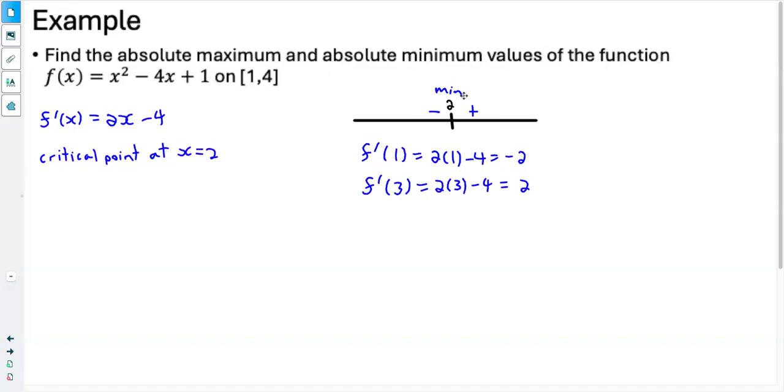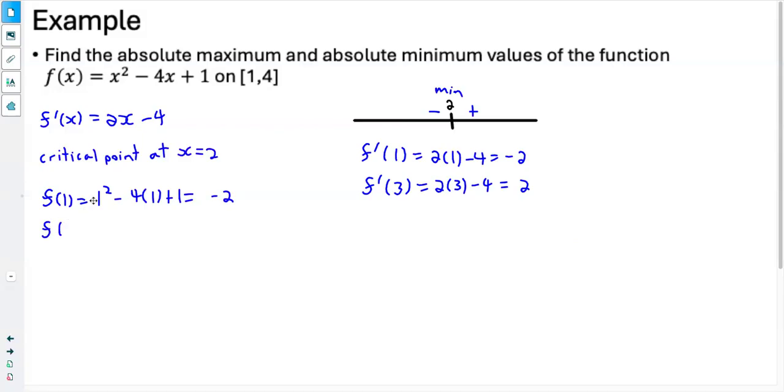What we want to do at this point, because we want the absolute maximum and absolute minimum values on our function, is calculate what our function is at this point and the y values when we're at 1 as well as when we're at 4. So f of 1 would be 1 squared minus 4 times 1 plus 1, which gives us -2.